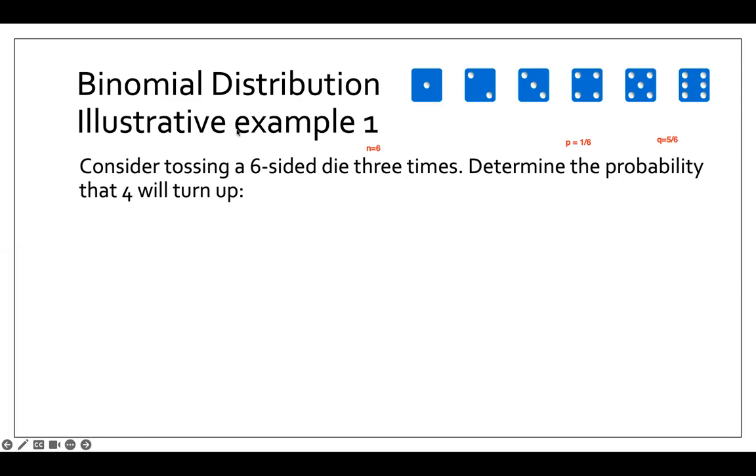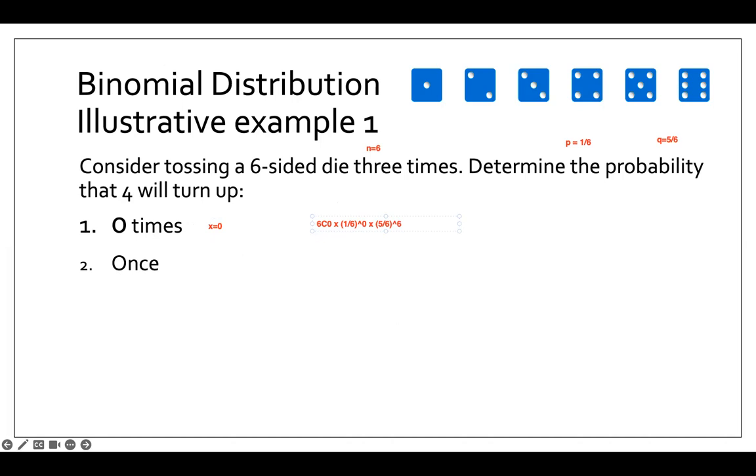And you are interested in letter A here. You want to determine the probability that 4 comes up 0 times. So in number 1, your X is equal to 0. So you're putting this in your calculator: 3 combination 0, you multiply that by 1 over 6 raised to 0, and you multiply it by your Q, 5 over 6 raised to, well, you can write it directly, 3 minus 0, which is equal to 3.